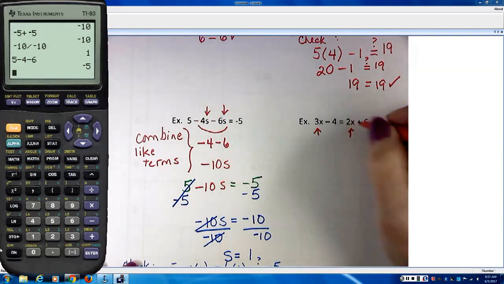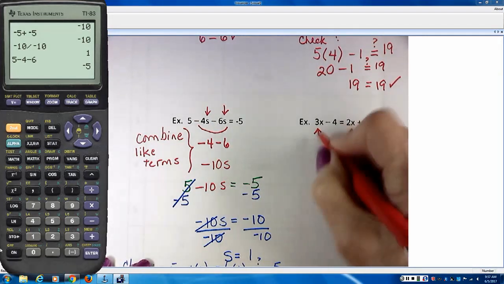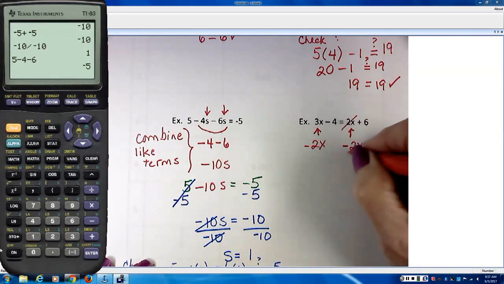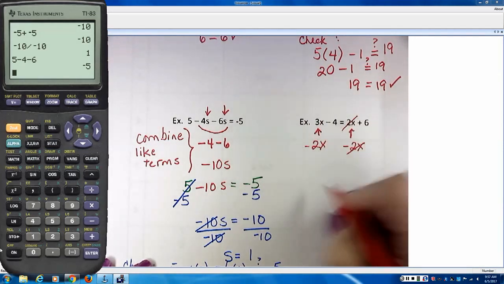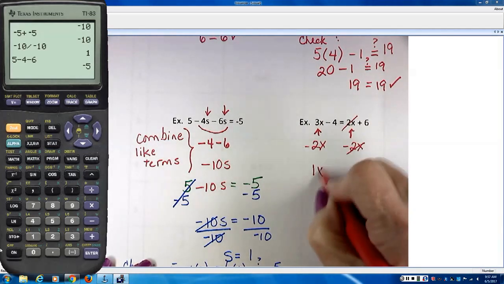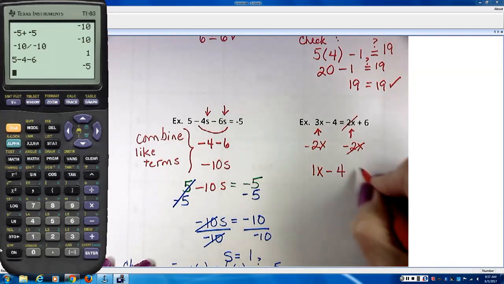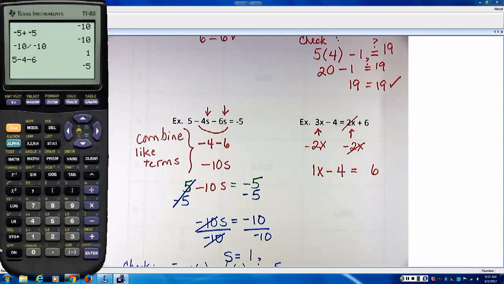So since this is a positive 2x, I'm going to add a negative 2x to both sides, which means then that this will take that away and move it to the other side. And 3x minus 2x leaves me with 1x minus 4 and leaves the 6 over there where it was.